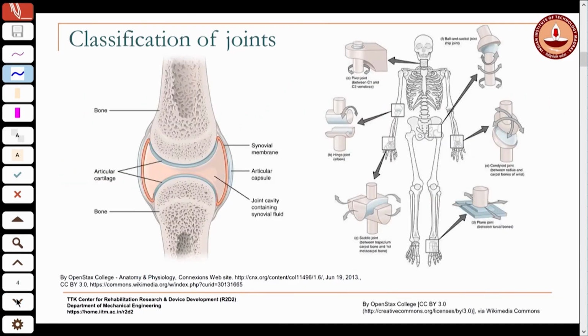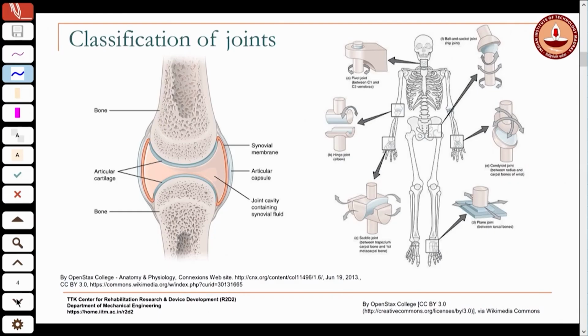All the movable joints in the body are the synovial type of joints, which have a capsule and synovial fluid, which lubricates the motion between the bones. There are so many of them that they can themselves be classified based on their function.